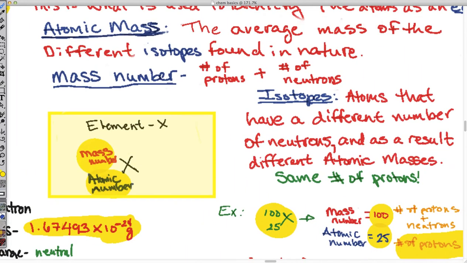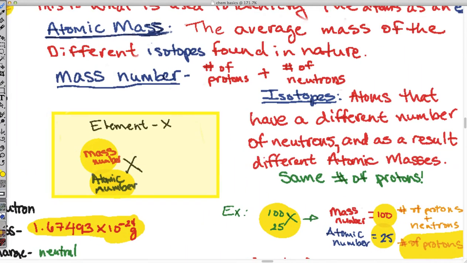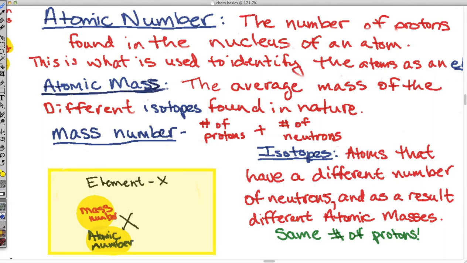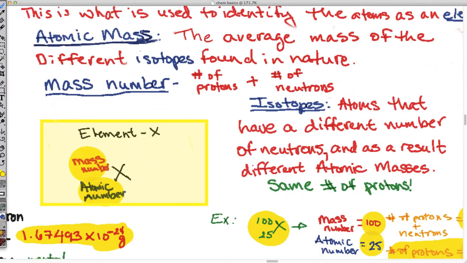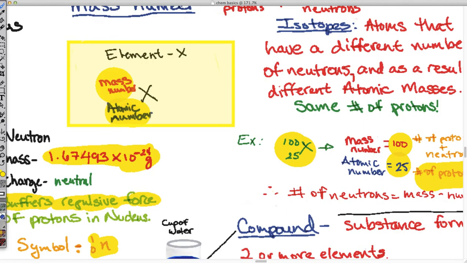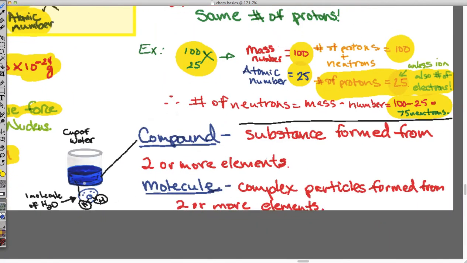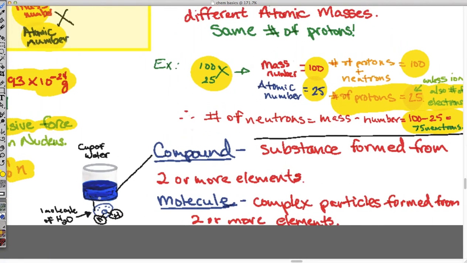Okay, so mass number, protons plus neutrons, atomic mass, average of the different versions or isotopes found in nature. Here, one more distinction I forgot in part one of the chemistry videos is the difference between a compound and a molecule. Whenever you have substances that are formed by two or more elements, those are called compounds. So this glass of water has compound water inside the glass.